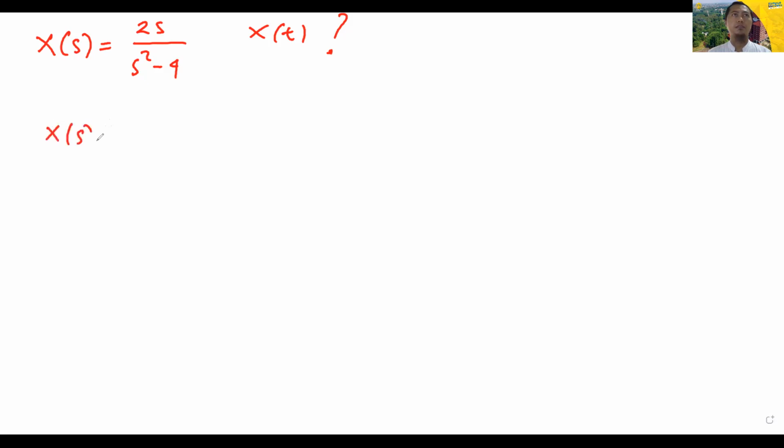So X(s) will be divided into something like that, and actually the denominator becomes s plus 2 and s minus 2. This is just the factorization of the denominator.